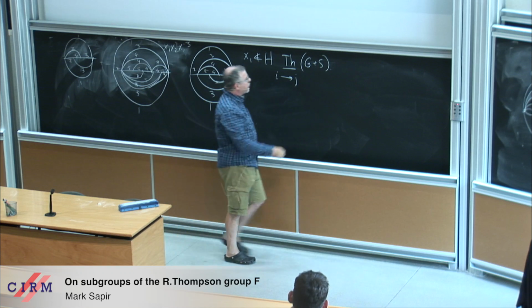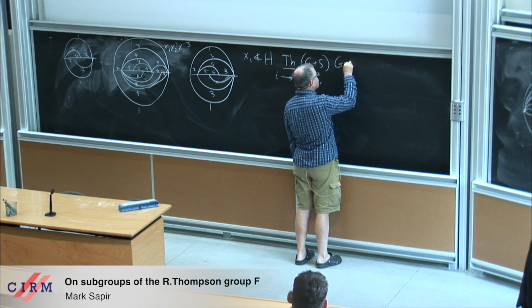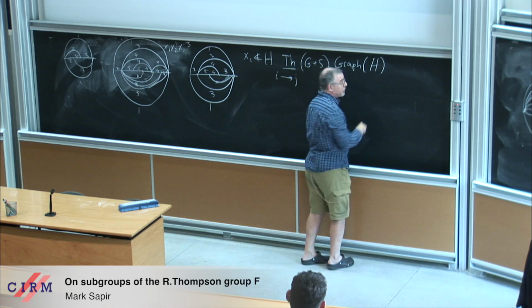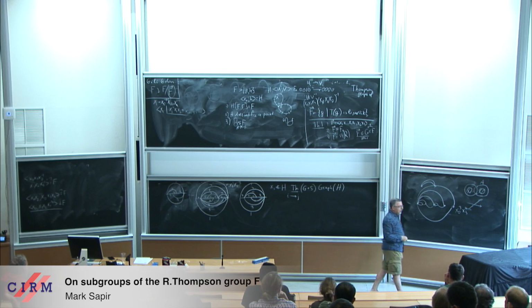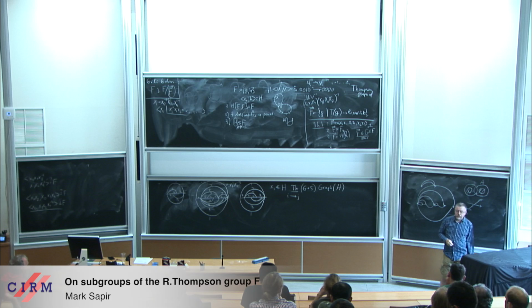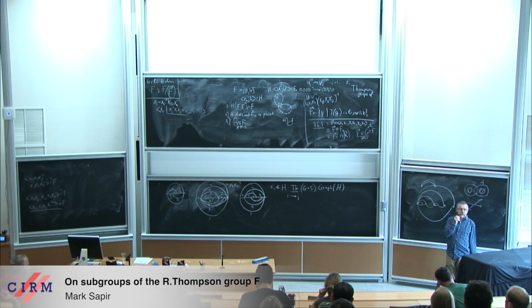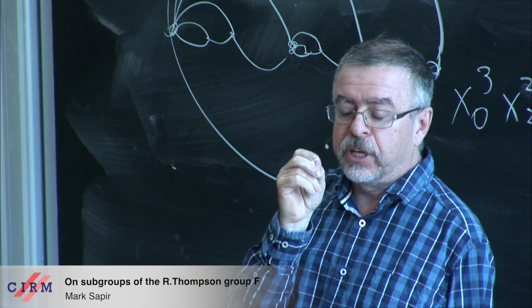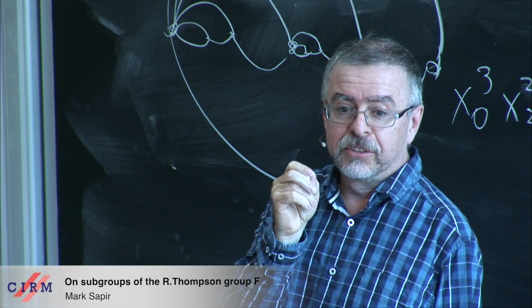So consider this graph of the subgroup H. Now the statement is: the group H acts transitively on the set of binary fractions if and only if this graph has a unique cycle, plus every vertex has a child.